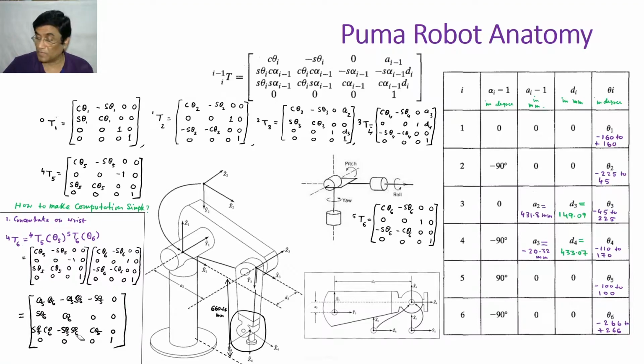Additional degrees of mobility will give you dexterity, but PUMA at least has not additional degrees of freedom, just the required degrees of freedom: 3 at elbow, shoulder, base, and 3 at the wrist. Not gripper, at the wrist. This is what we are calling wrist.